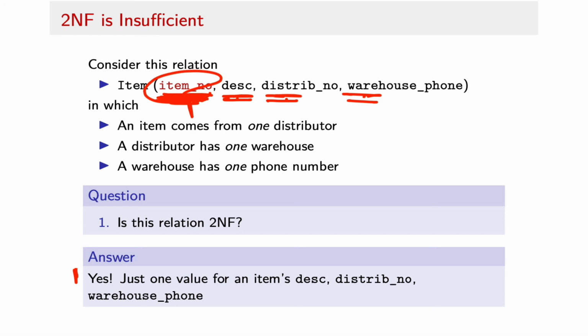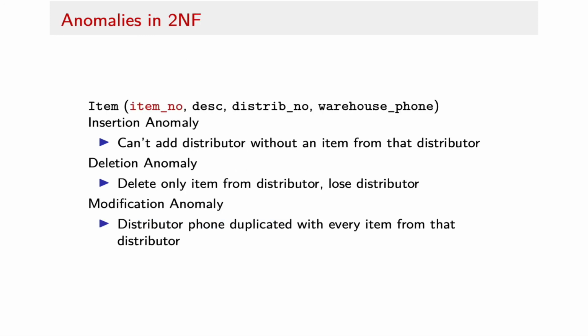However, it's still subject to different kinds of anomalies. So here I've reproduced the relation here. We have insertion anomalies. So I can't add a distributor, right? If I get a new distributor that I want to distribute products from, I can't add a new distributor until I have information about an item that distributor distributes, which is kind of not ideal.